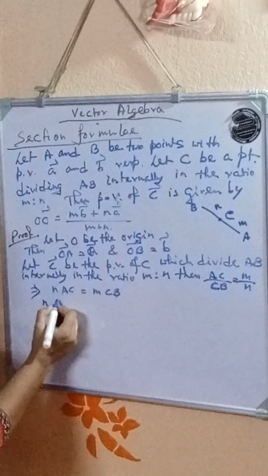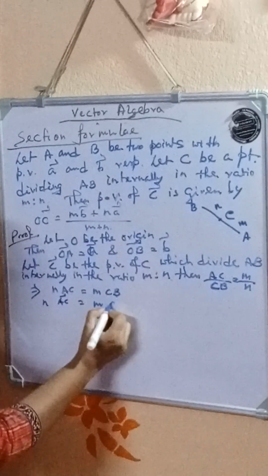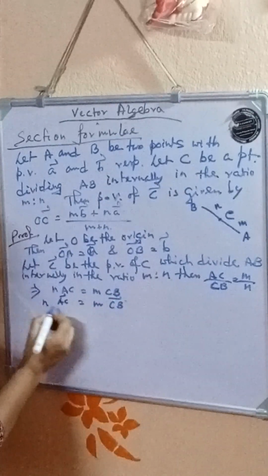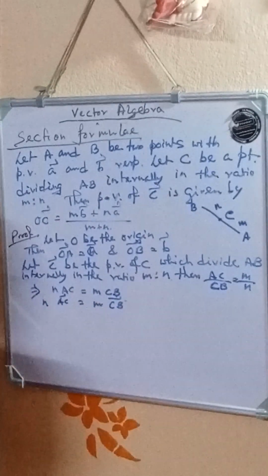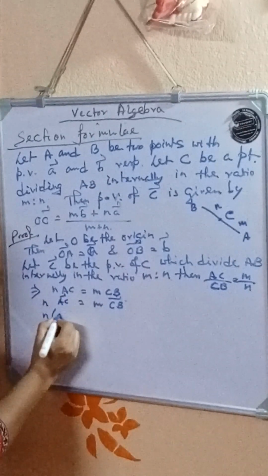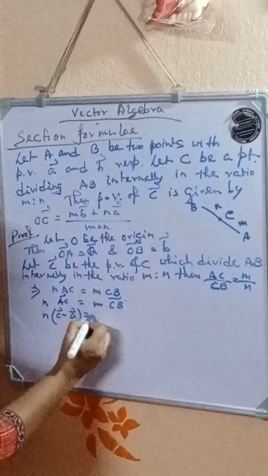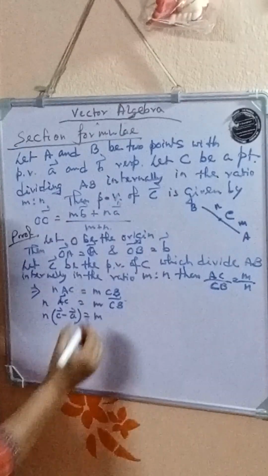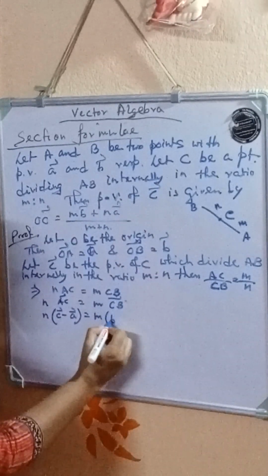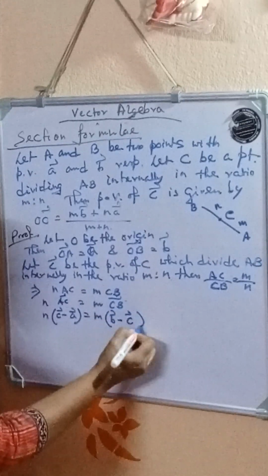Now, AC vector equals the position vector of C minus the position vector of A, and CB equals the position vector of B minus the position vector of C.